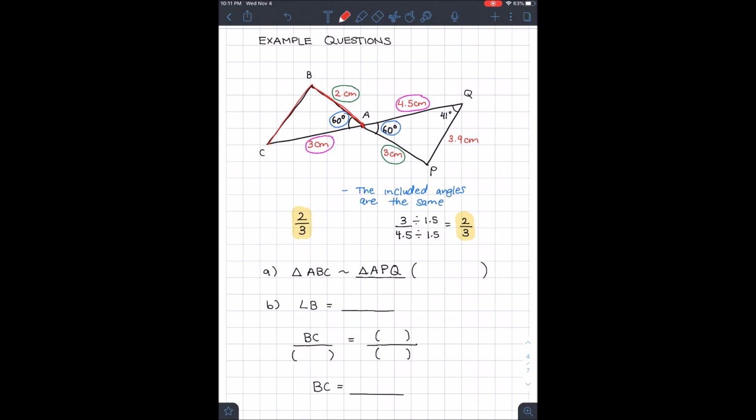Remember, 2 corresponds to 3, so we're going to go from A to P to Q.